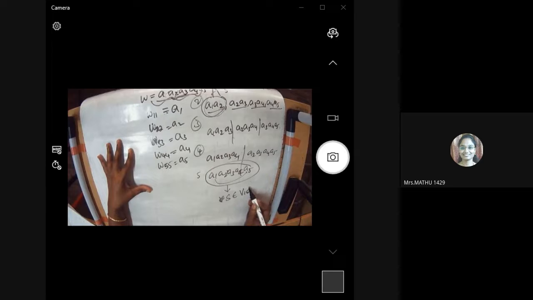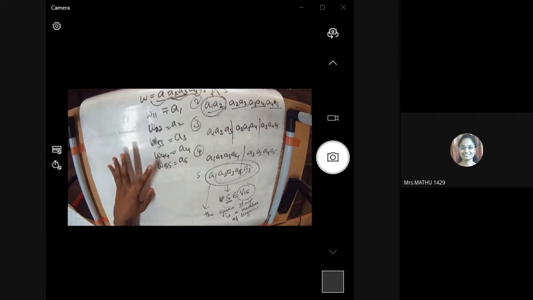If the entire string is generated by the starting variable, then you can definitely say that the given string is a member of the language generated by the given grammar. So this is what we are going to prove now.